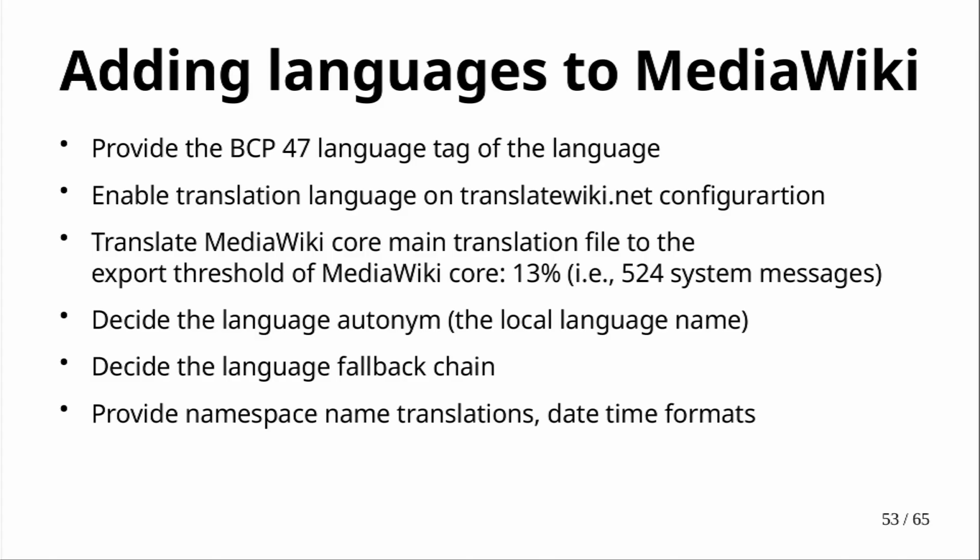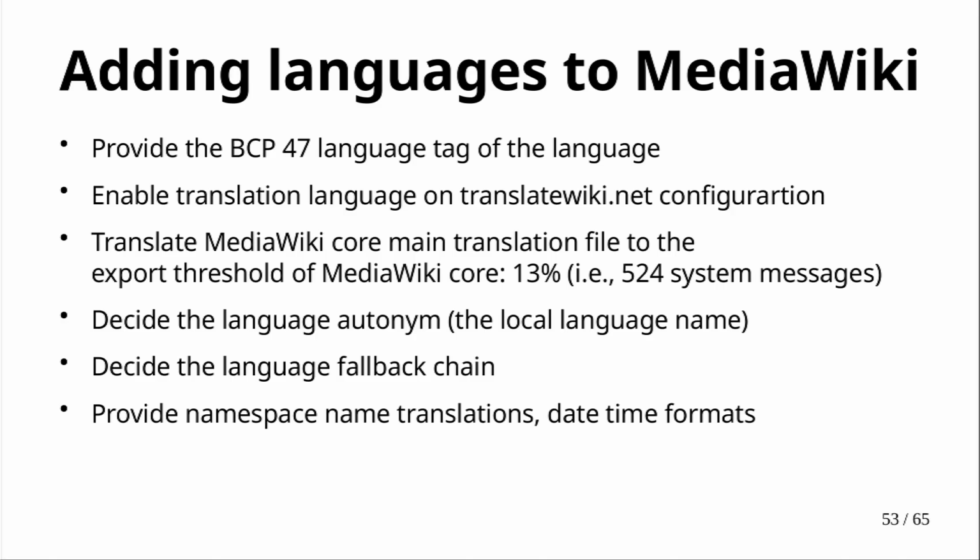And we need to decide the language fallback chain, like when the translation is not available for some of the strings, which ones should we use instead? And all languages implicitly fall back to English because we don't want to show the message key there.